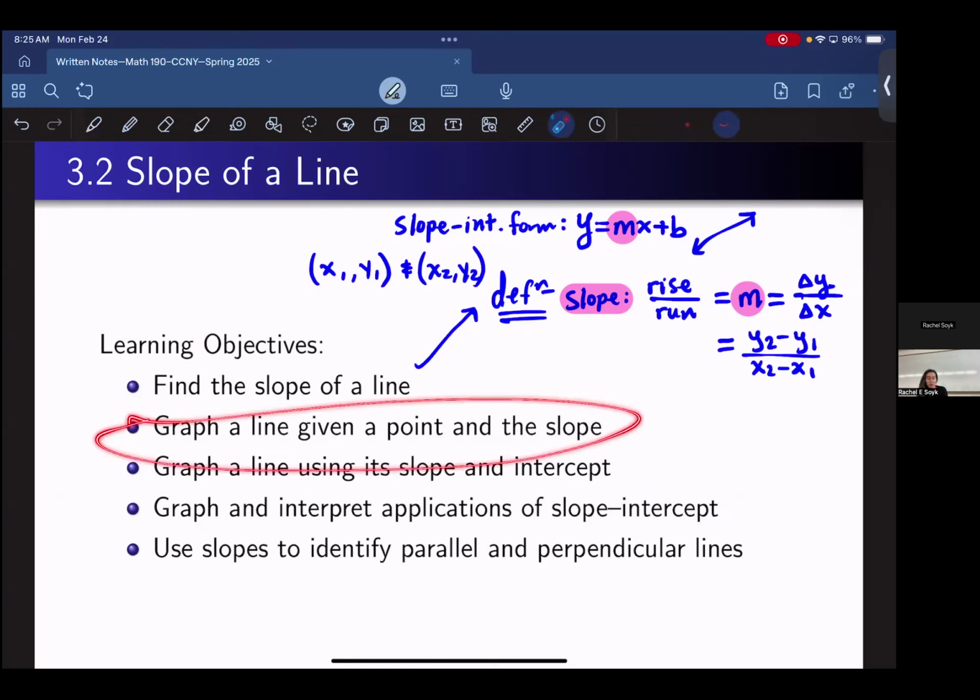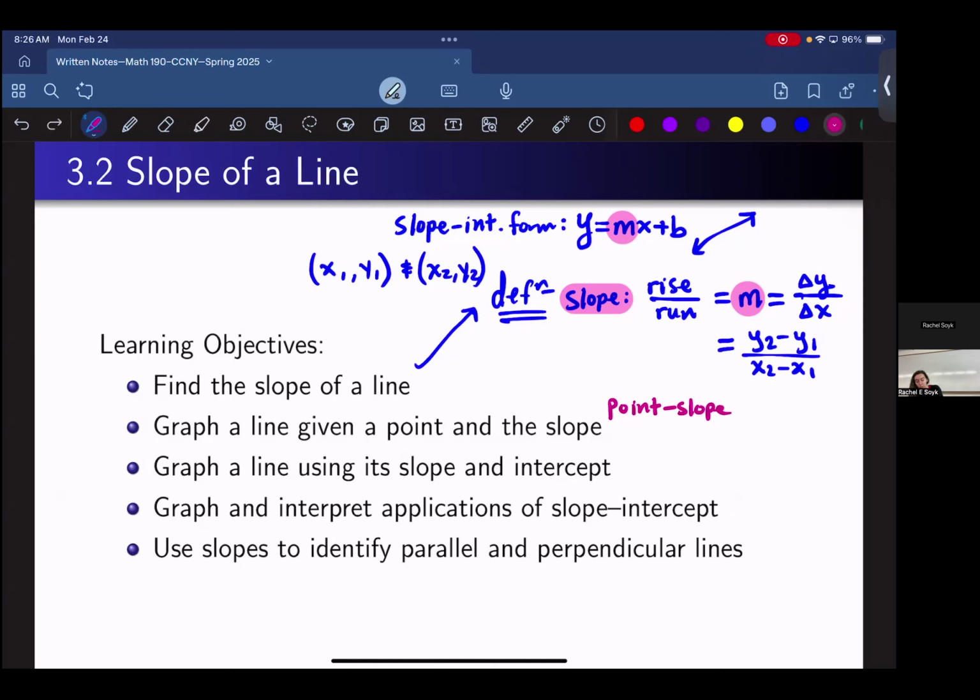The second objective, we'll be able to graph these linear functions or just these lines in general, given a point and a slope, hence our point slope formula. So again, I'm sort of foreshadowing our notes to come, but it's always good to reinforce this ahead of time.